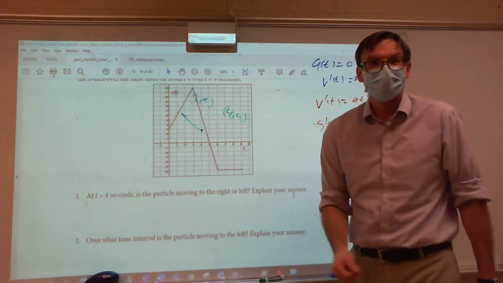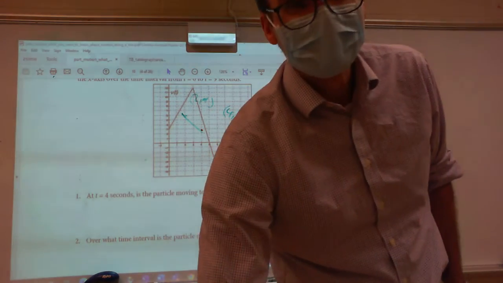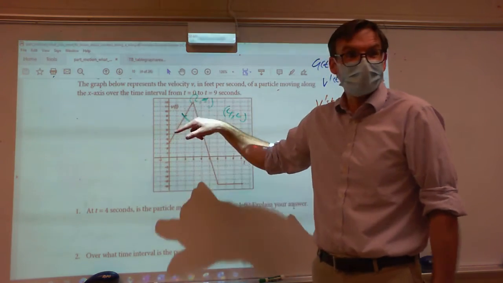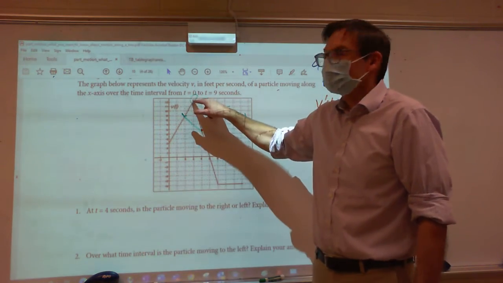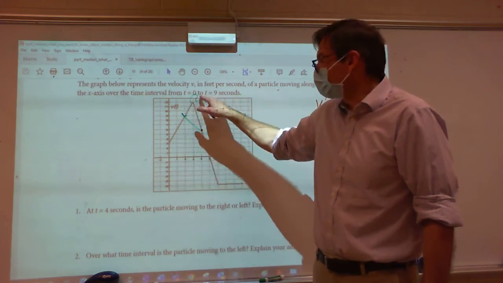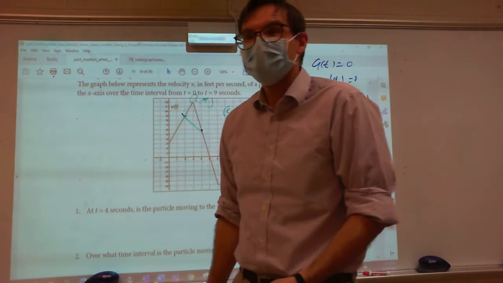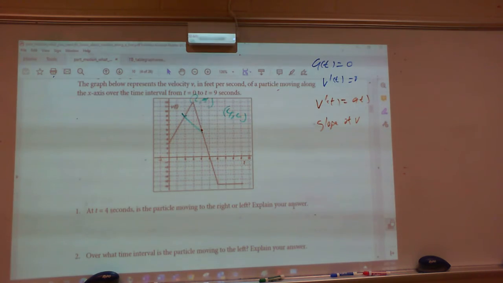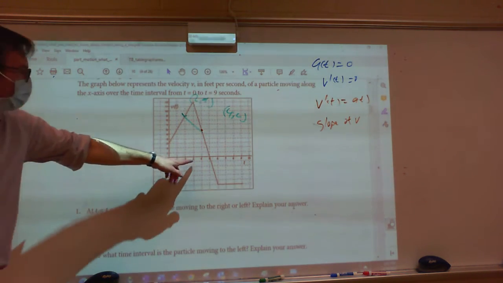Notice it's connected, but it's not smooth. It's not differentiable, and since it's not differentiable, there's no guarantee. So on the AP exam, if we say no, how do we justify it? You say it's not differentiable at 3.